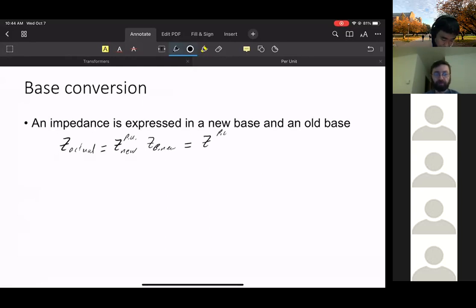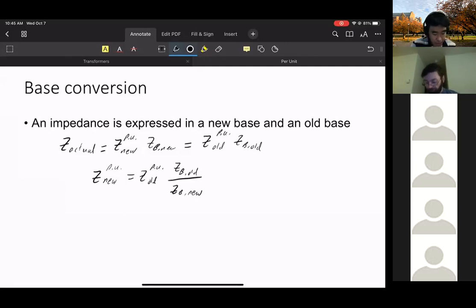This is equal to the per unit referred to the old base times the old base. This is always true, right? The SI value, or the actual value of the impedance, is related by the per unit times the base quantity. So if I want to use a new base for the per unit, it's the old per unit times the old base over the new base. So this is just a straightforward division.